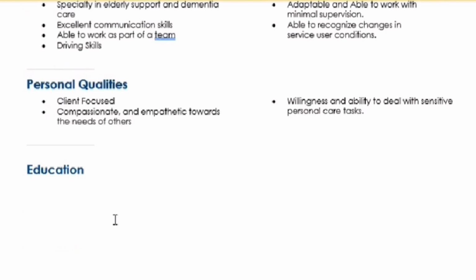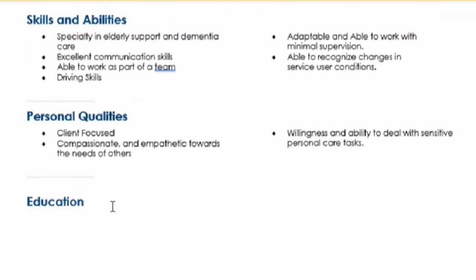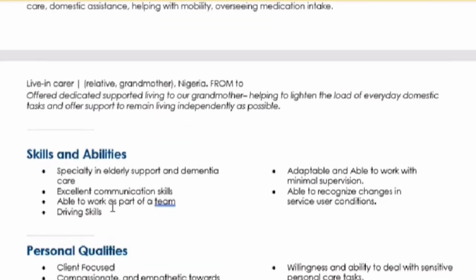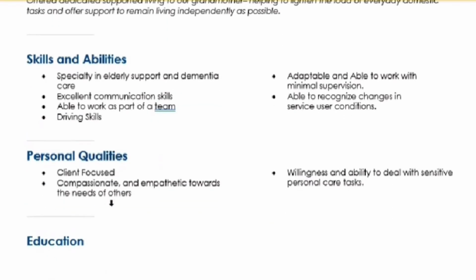Then your education will come in here. If you have a high school diploma or BSc, whatever it is that is your education, you put it in here. And remember that from the time you are coming out of school up to date, you must put activities that cover each period.